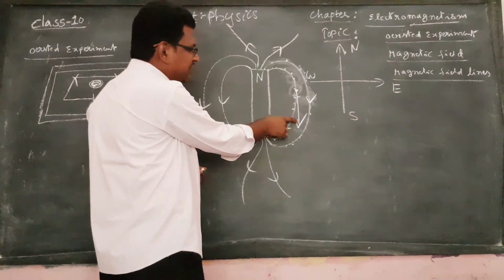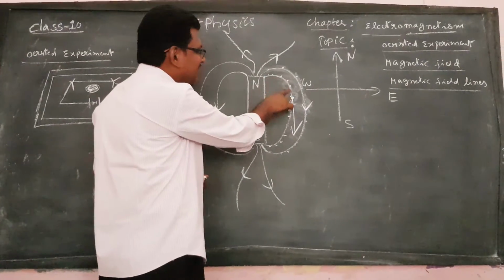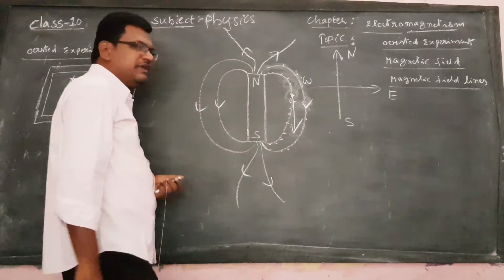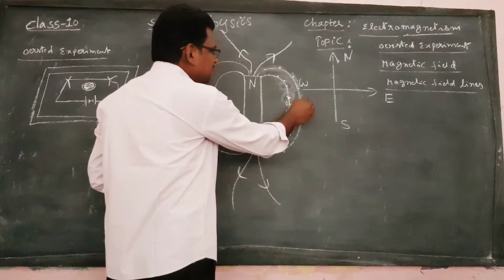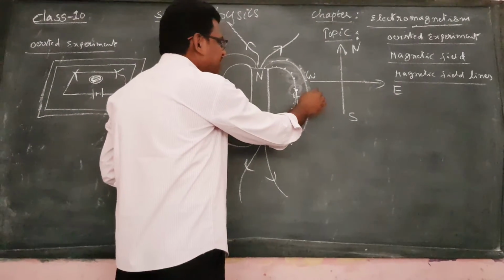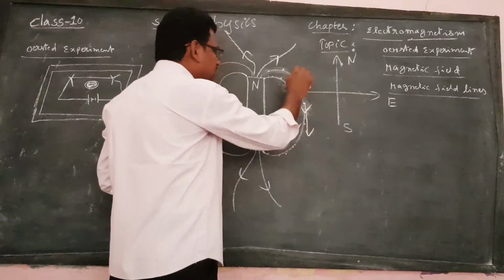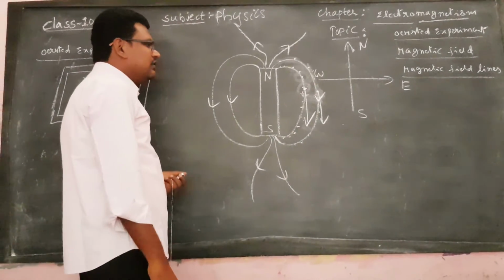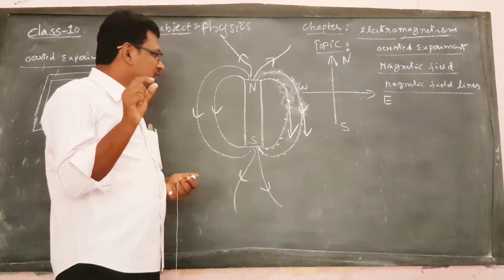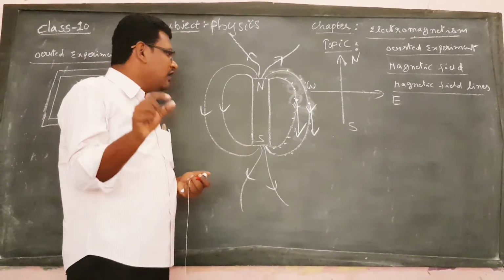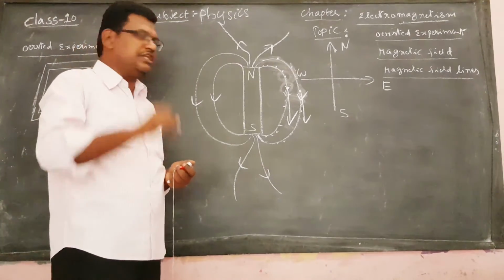It is drawn like a tangent to the magnetic field line. That means the direction of the magnetic field at any point lies along the tangent drawn at that point to the magnetic field line.